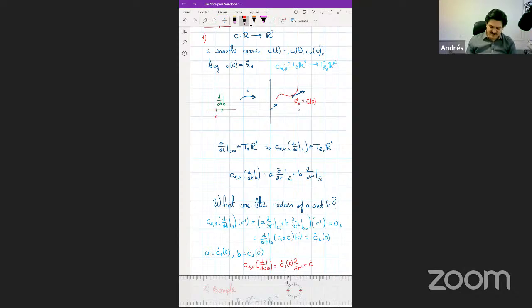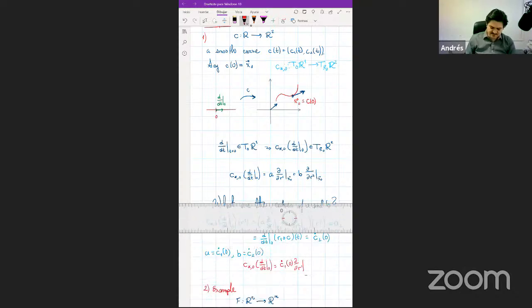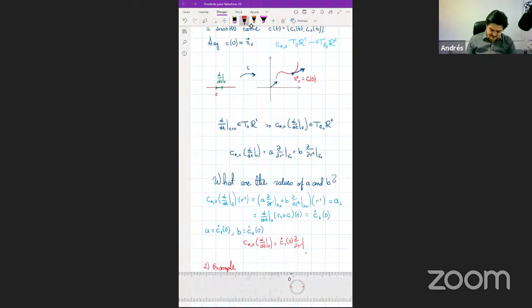So, well, let me write it still. I was going to avoid the base point, but let me put it. So this vector is at x naught. And then v was the derivative of C2 evaluated at 0. Okay?